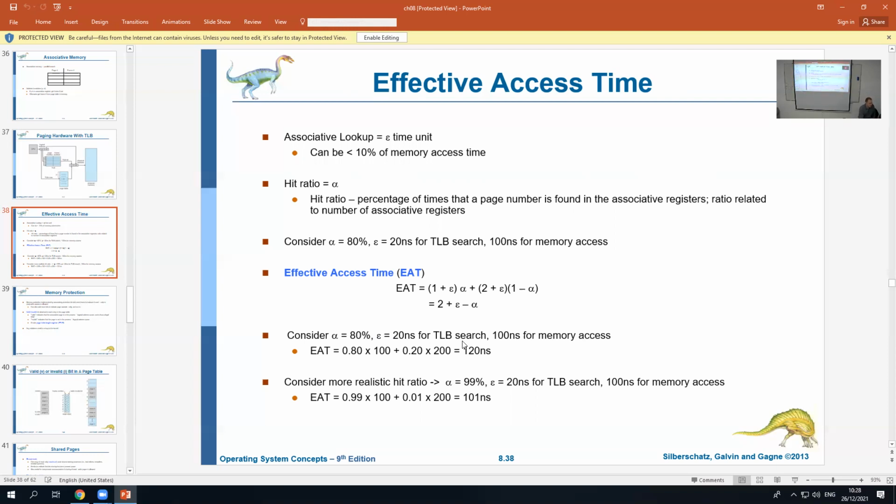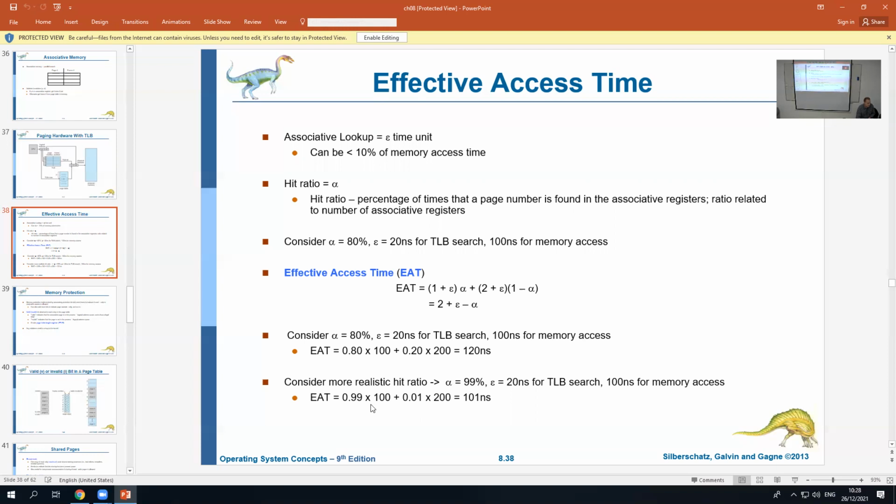There's always going to be 80% of 20, and then 20% of 20, so it'll be 100% of that. You could really just add on 20 here. It should be 140. Consider a more realistic hit ratio of 99%.